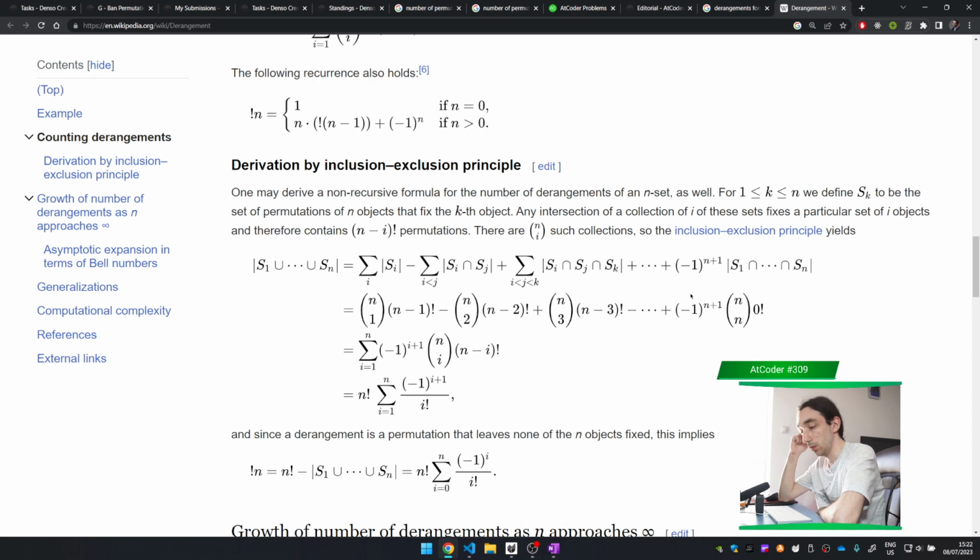And then what about our case? Our case is we can't fix one object.